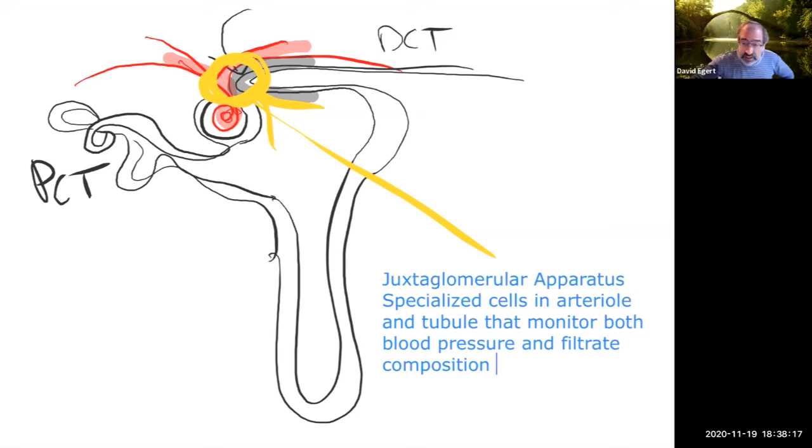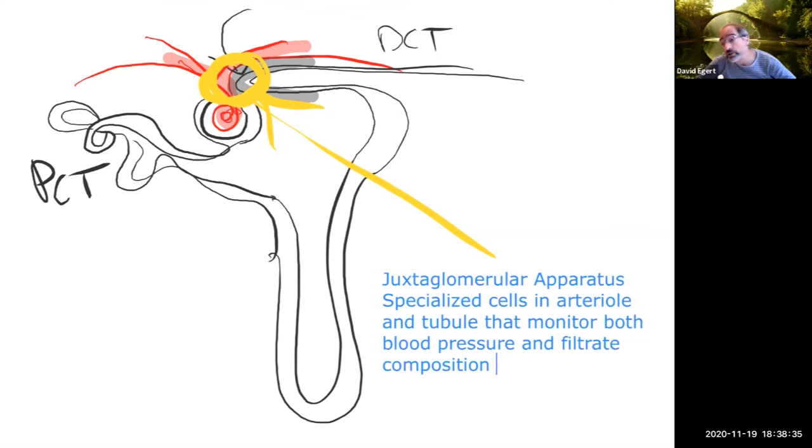The DCT can monitor the osmolarity, how much stuff is dissolved, what's going on inside the tubule. So both of these are part of this process to make sure the glomerular filtration rate stays intact.